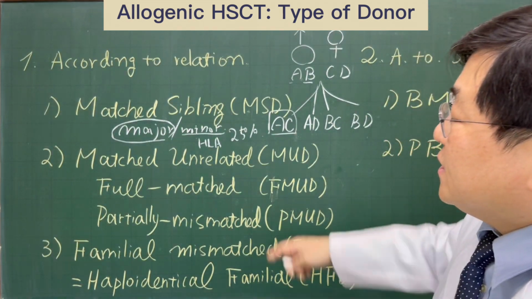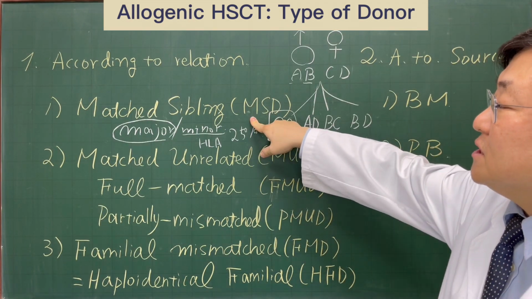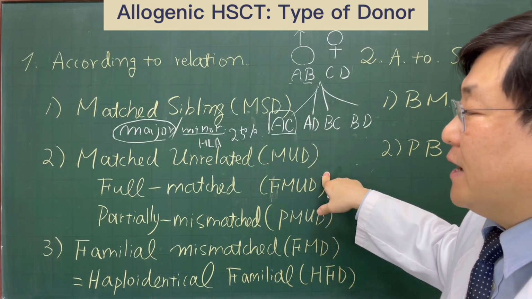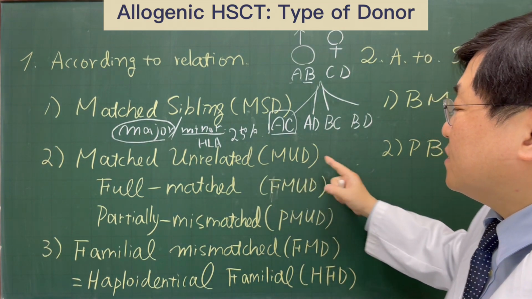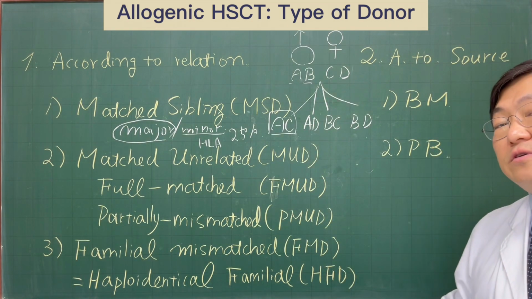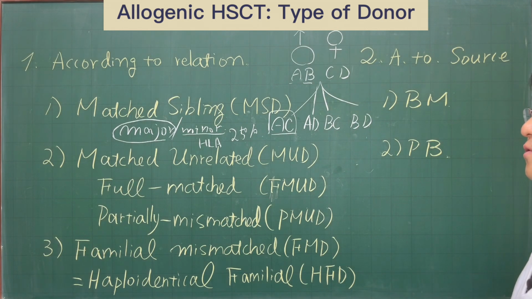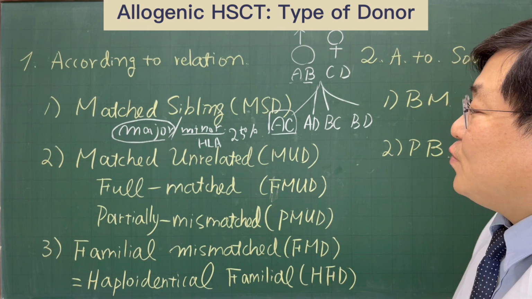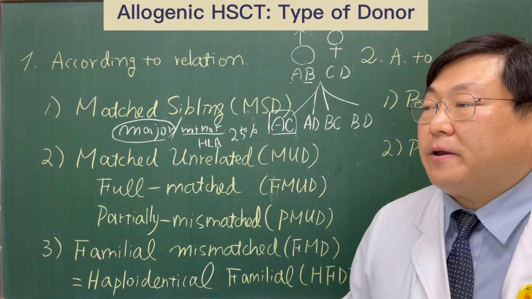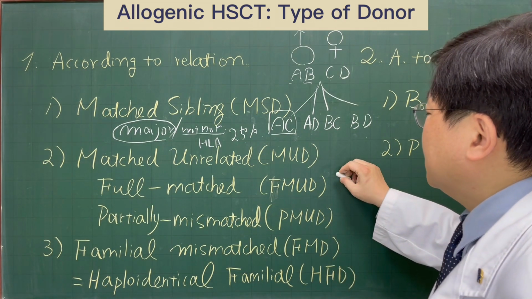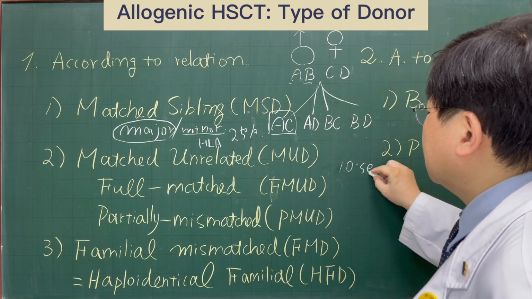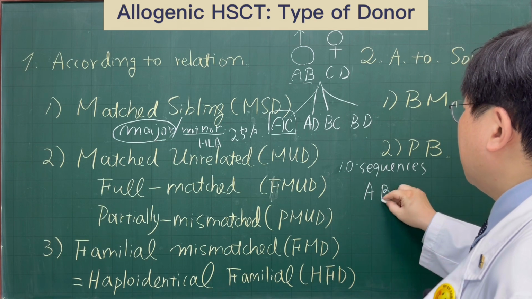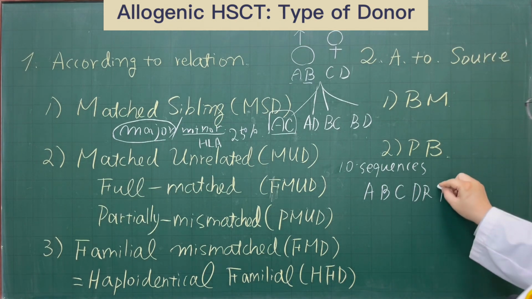So in case we cannot find the matched sibling donor from our siblings, we need to find a matched unrelated donor from our donor registry. Each country has its own donor registry for hematopoietic stem cell transplantation, and we have to check the HLA typing, which contains 10 sequences, including A, B, C, DR, and DQ.